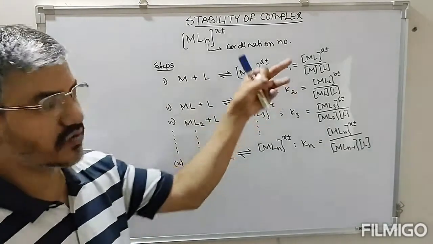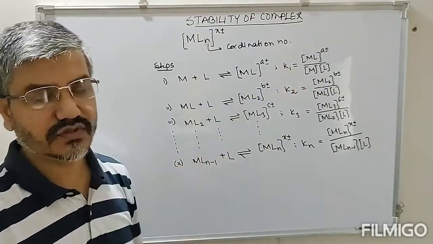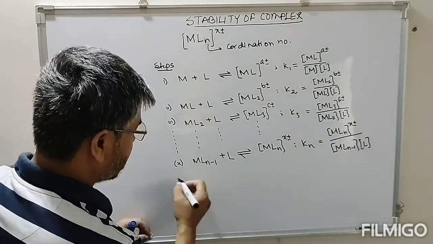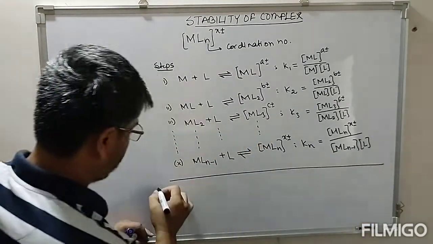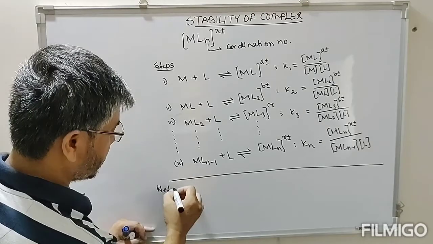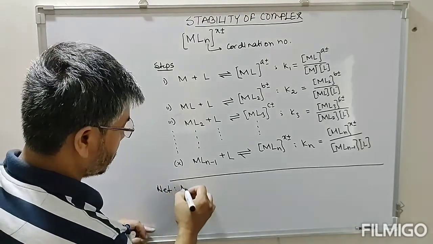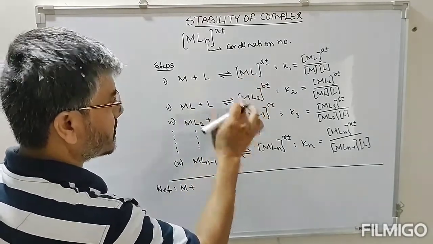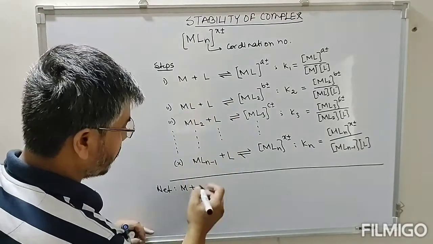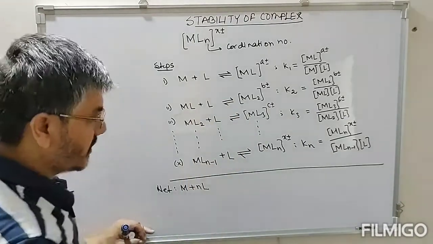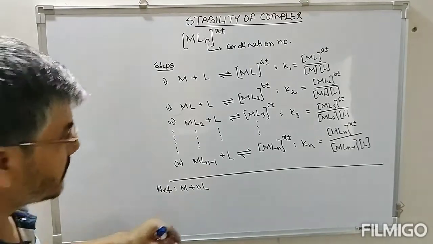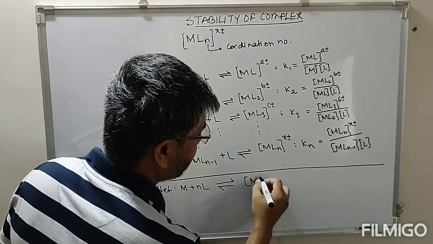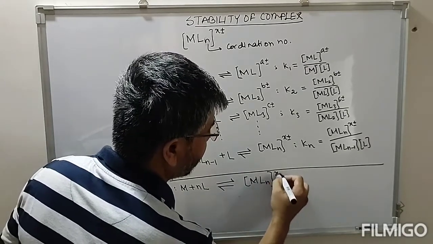So this constant is also known as formation constant because this results in the formation of complex. Now the net reaction. Look at this, the metal will combine. This will cancel out. So ultimately the total number of L is nL. So this metal combines with n moles of ligand and this results in the formation of complex MLn X plus minus.